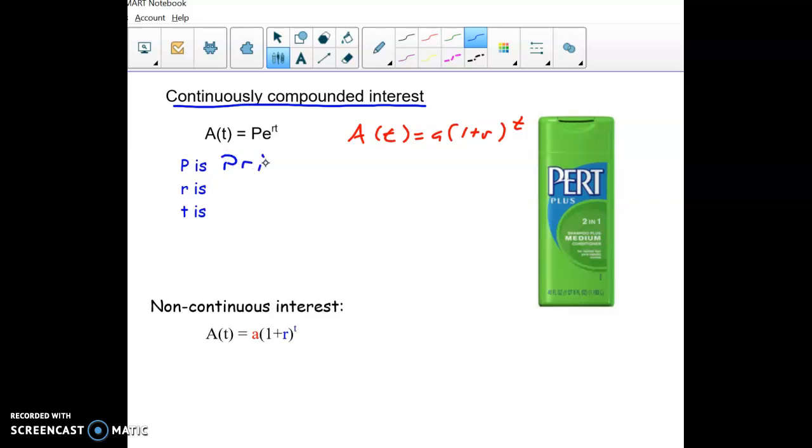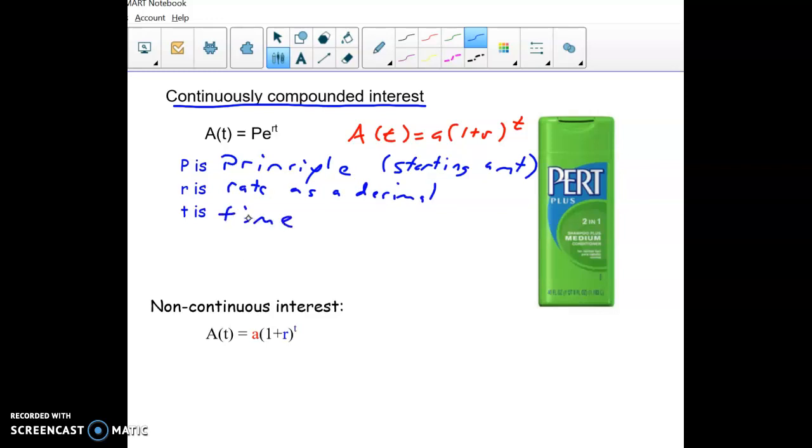P stands for principal, which is like the starting amount, much like A in the previous formula. r is still the same rate as a decimal, so we have to move it over twice, just like the last lesson. And then t is just the time, again similar to last lesson. So very similar, just a slightly different setup.